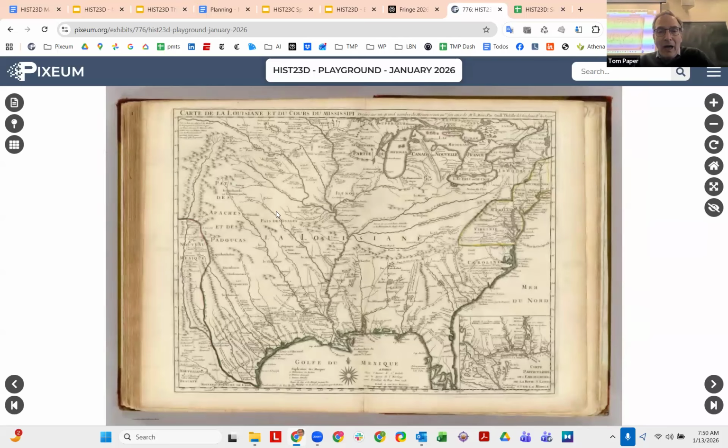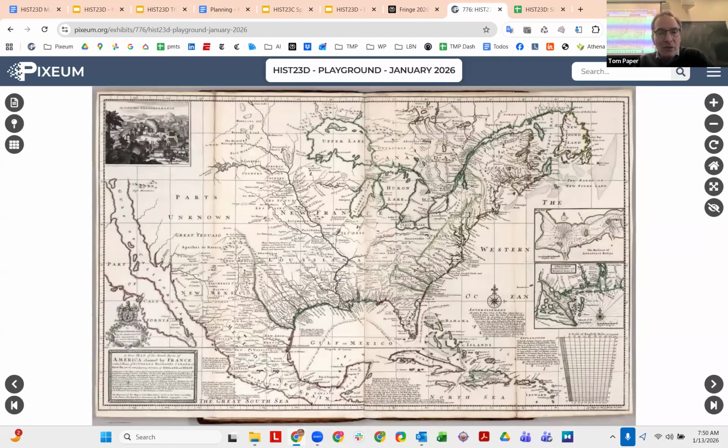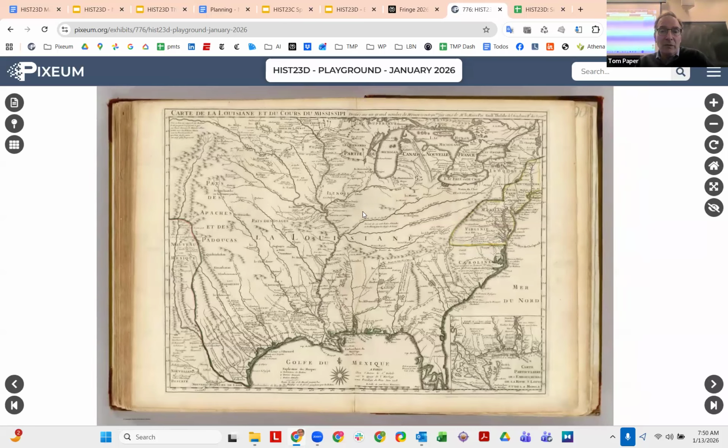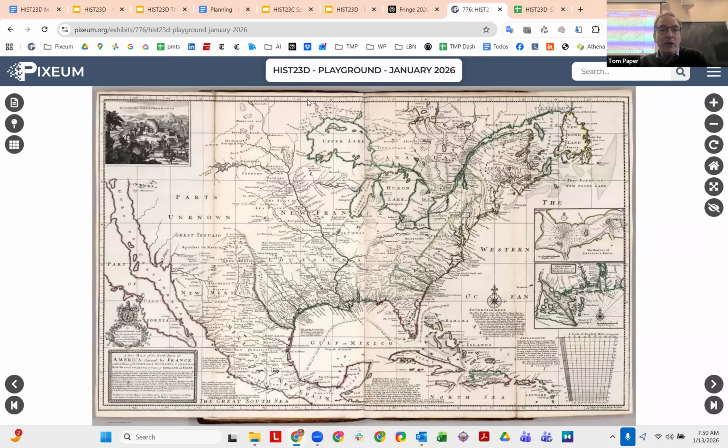Okay, so I want you to look at this map here, and we've got time, so we might be able to do this map also. Let's do the Herman Moll 1720, and let's take 5 minutes and look at it by yourself. We're going to do the same drill as before, then we'll look at it in small groups, and then we'll talk about it.